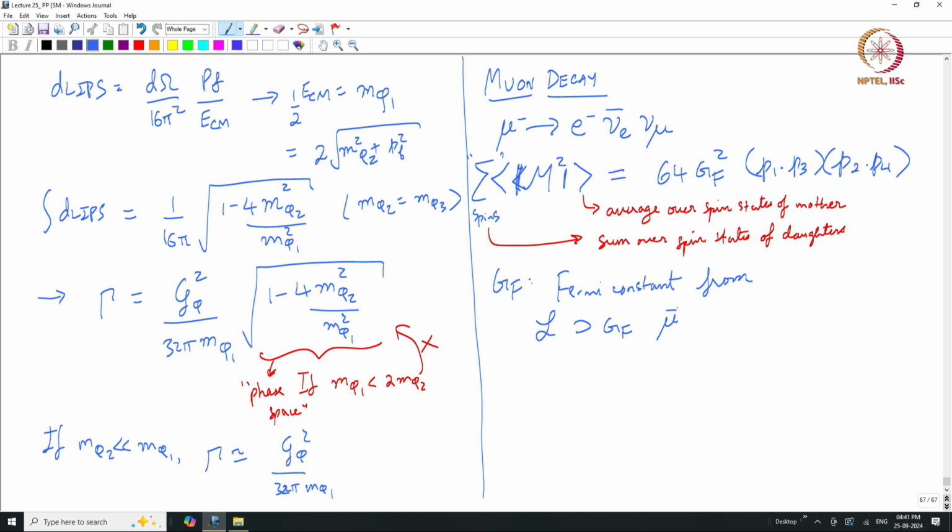It's a contact interaction that Fermi famously wrote down to account for beta decay, plus the Hermitian conjugate. But now we know the modern interpretation of this G_F: it is nothing but 1 over v squared, where v is the Higgs vev, which is 246 GeV.